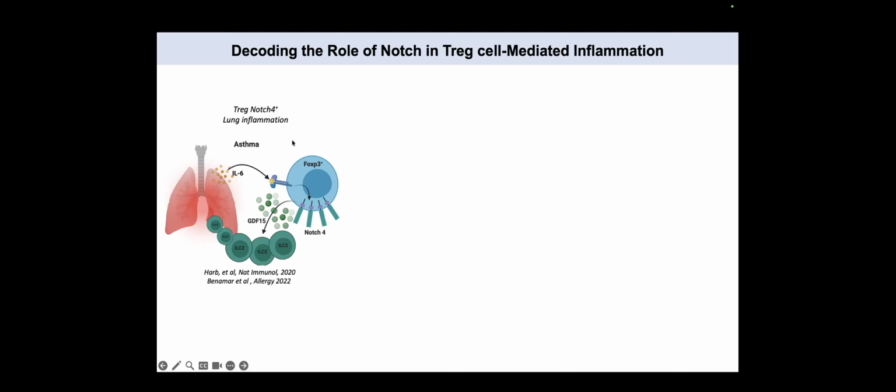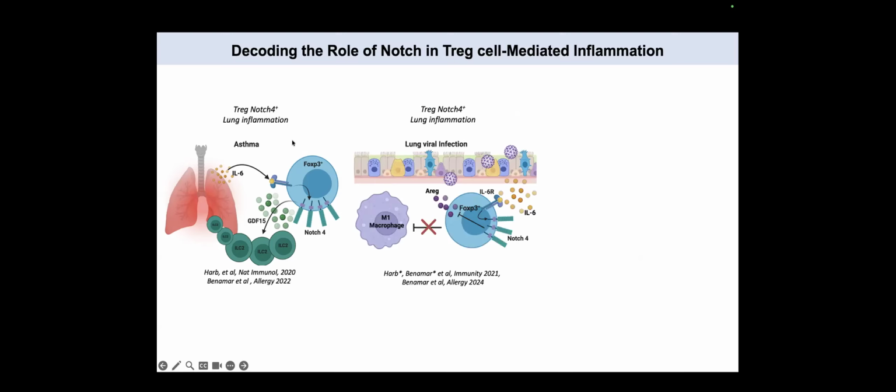To go further, we confirmed that in another lung inflammation model, a lung viral infection, Notch4 is also upregulated in Tregs, and this leads to an exacerbation of lung inflammation. However, the mechanisms that induce this exacerbation in viral infection are different from the mechanisms that we find in allergic airway inflammation.